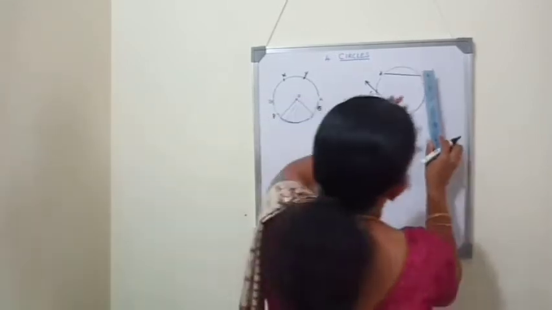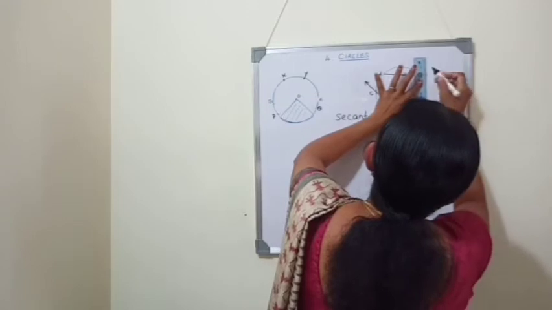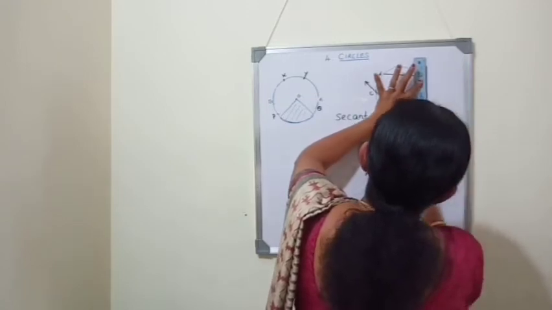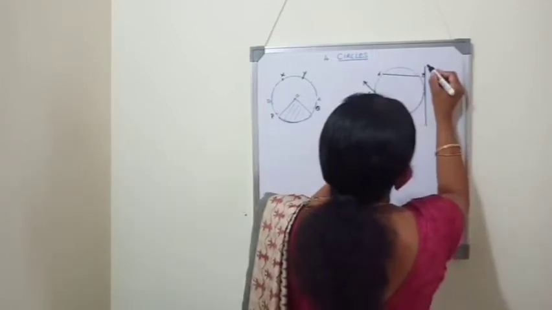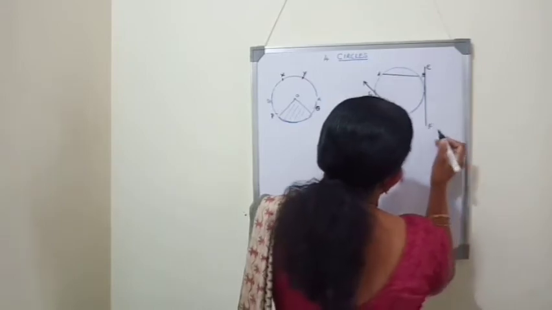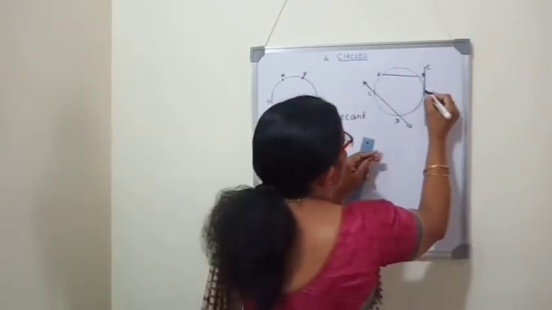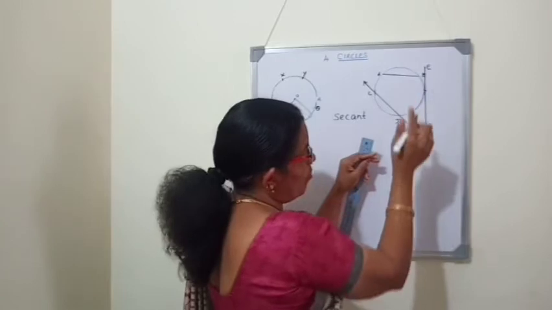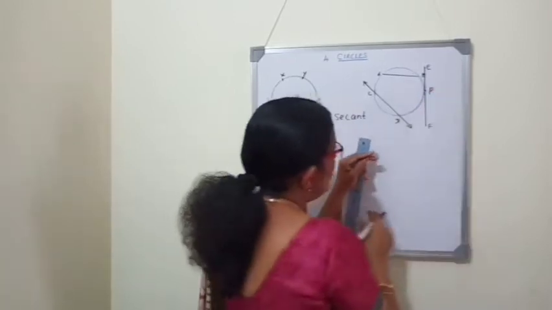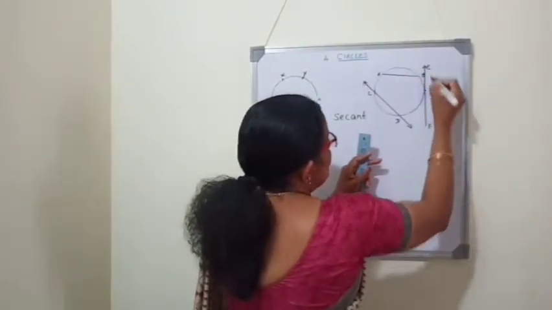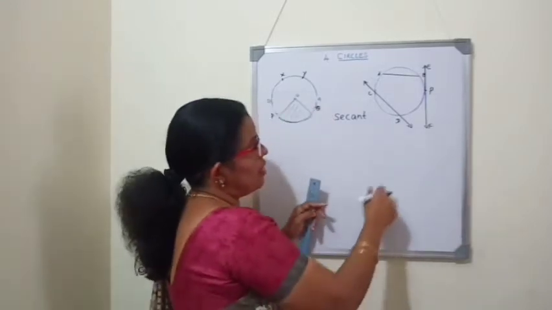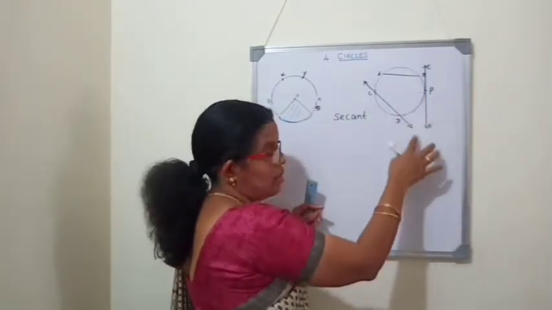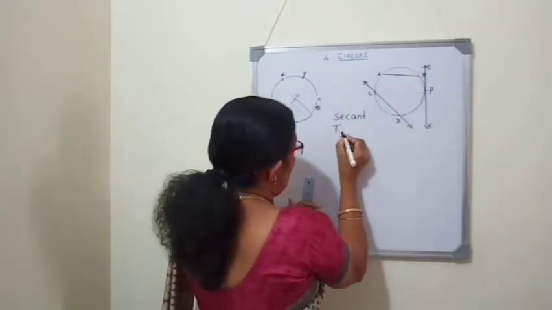Now I will draw another straight line. Let it be EF. See, this is a straight line which is touching the circle at 1 point. Let it be P. So this straight line touching the circle at one point is called a tangent.